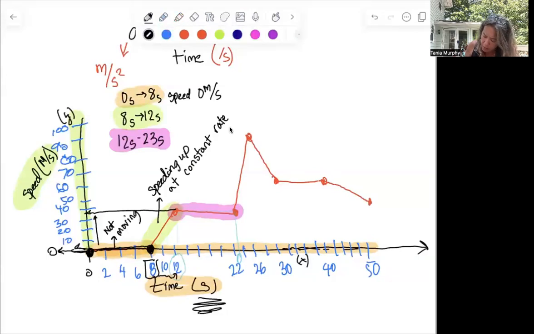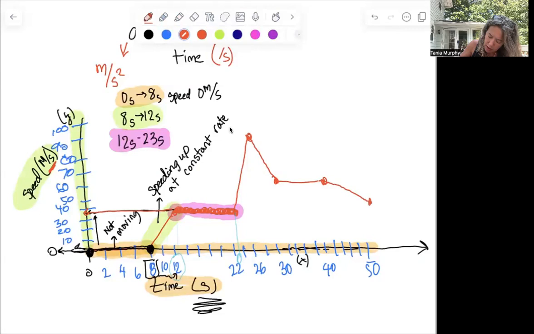Well, what are we doing between 12 seconds and 23 seconds? It looks like I'm moving, because my speed's not 0. In fact, my speed is a little under 40 meters per second.